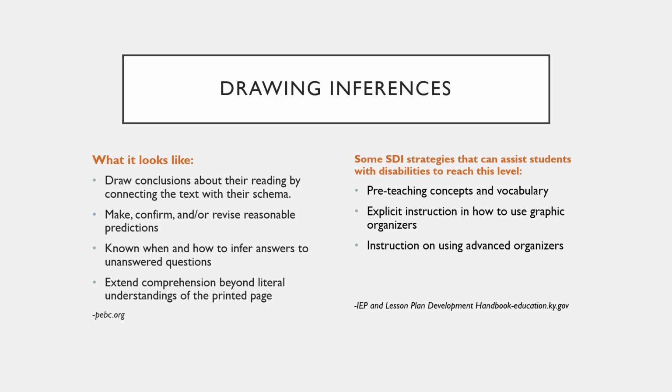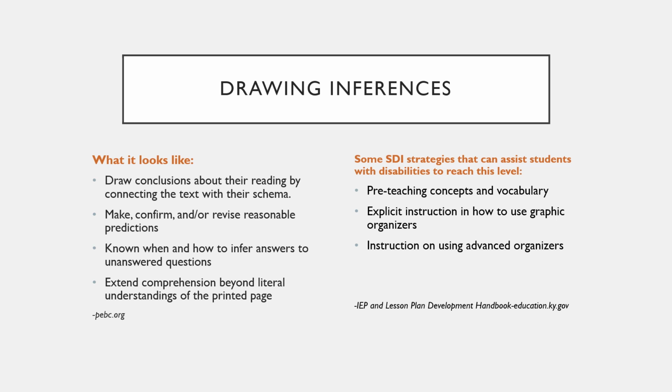Some strategies that you can use for your students is pre-teaching that concept and vocabulary. Again, they need to know what those words mean so that they're able to have information to determine what's important and to be able to have evidence and make their predictions.